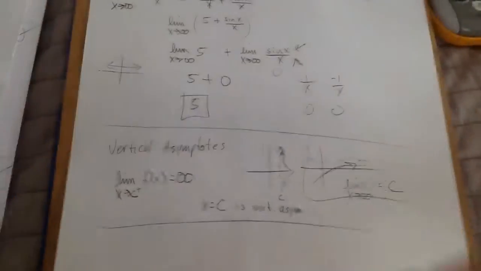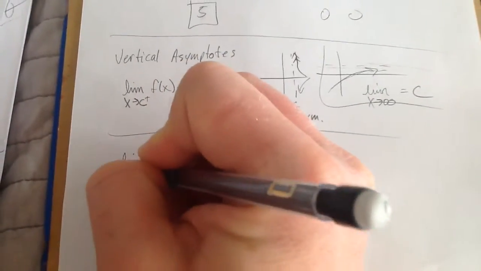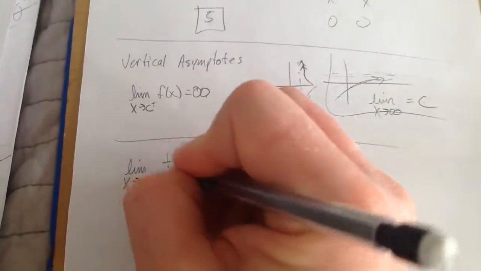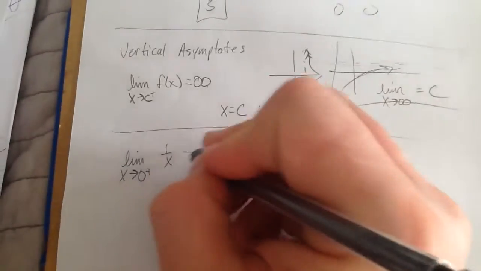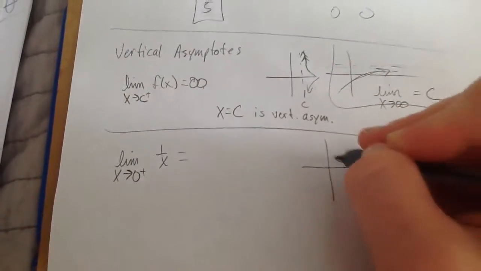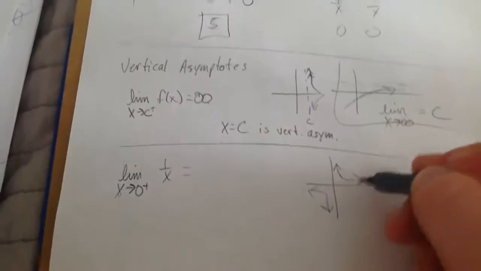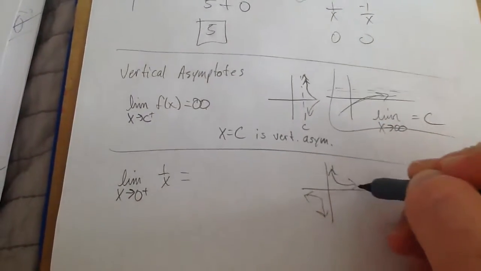So an example of that would be if I find the limit as x approaches 0 from the right of 1 over x. You should know that one. That's just like this, right? As I go from the right, I go up.